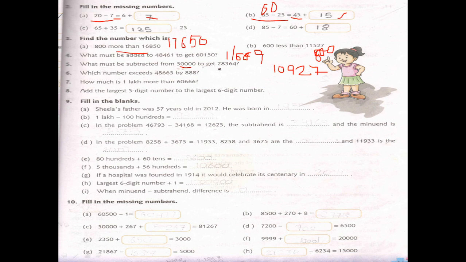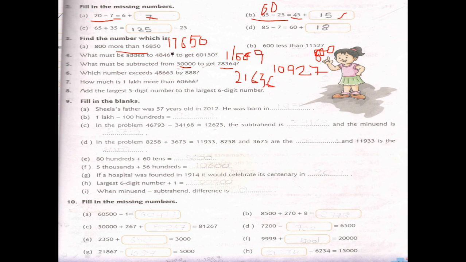So for 50,000, what you are writing is 50,000 minus 28,364. Then your answer is 21,636.